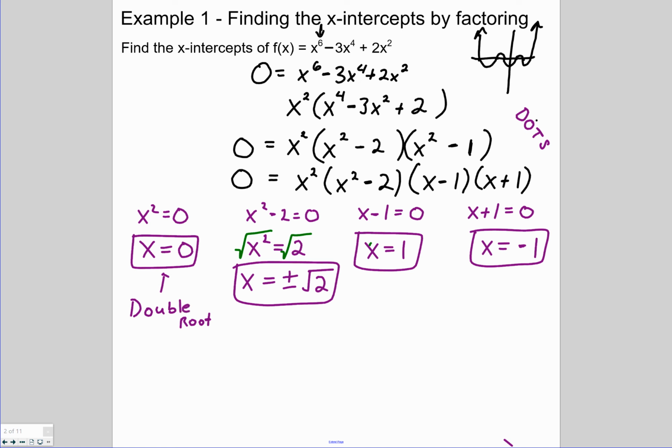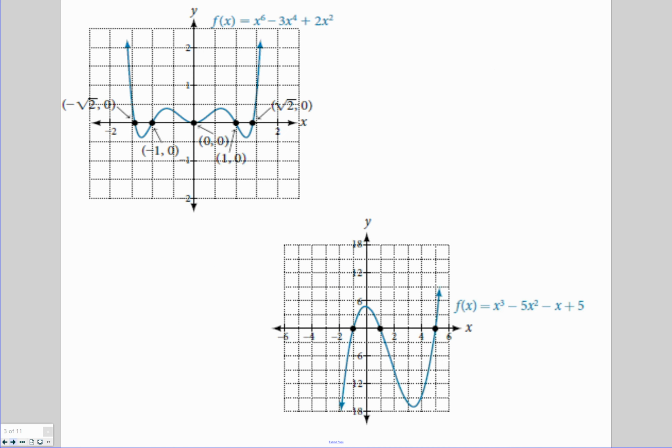Any questions on this example? Now, do you guys want to see what the graph looks like? Here's what the graph looks like. So it's pretty much the same thing as we drew, except, do you see it at 0? You see how double roots do not cross the axis, right?